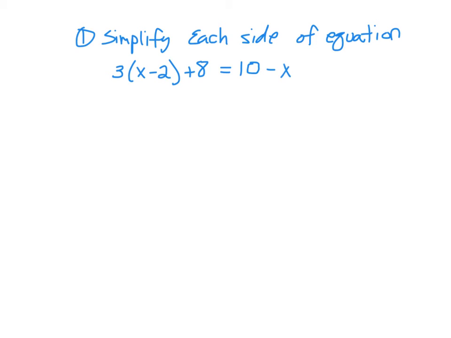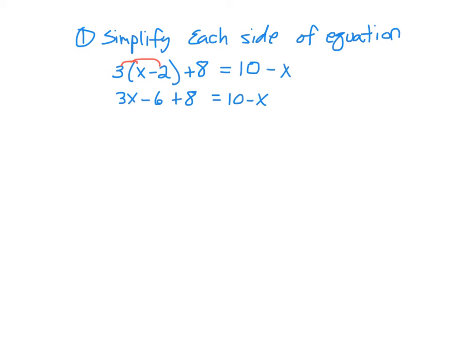And when I do that, I end up with the following: 3x minus 6 plus 8. And then there's no parentheses on the other side, so I'm done there. Now I'm going to do any add, subtracts, multiply, divides that I have.